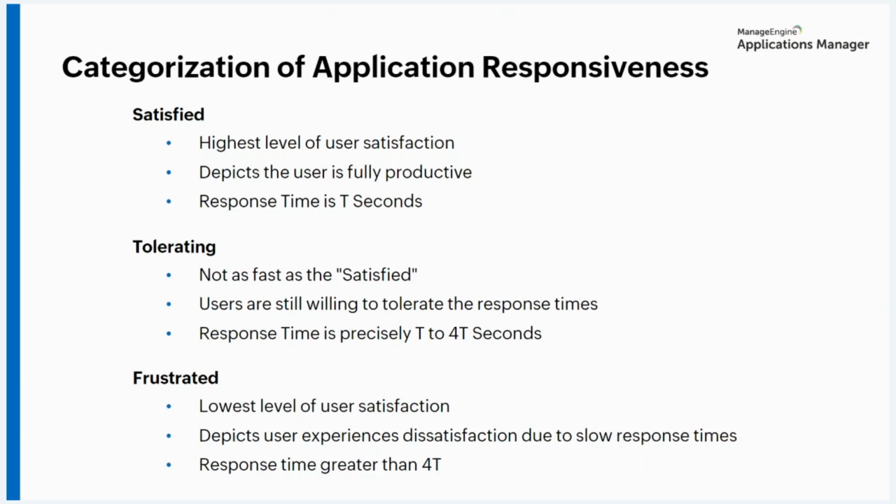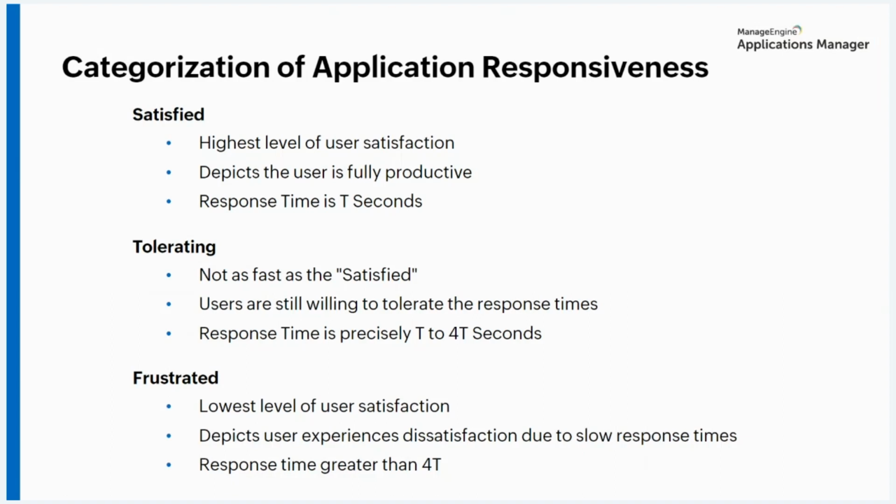The second one is tolerance. The tolerance category indicates that the application's response time is in between the tolerating threshold and the satisfied threshold. So users in this category might tolerate the performance, but may not be entirely satisfied as users under the satisfied category.